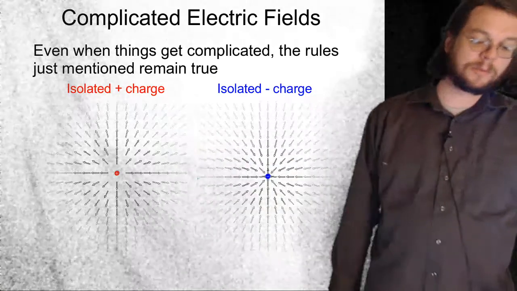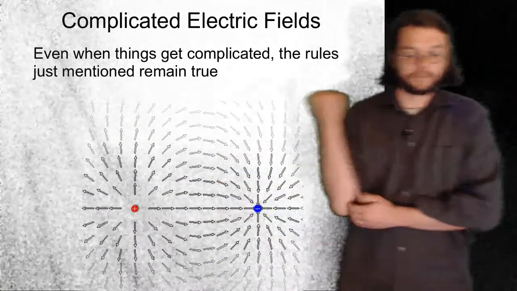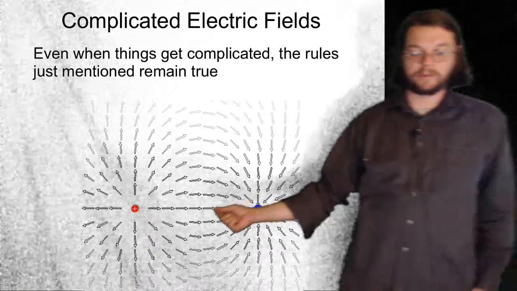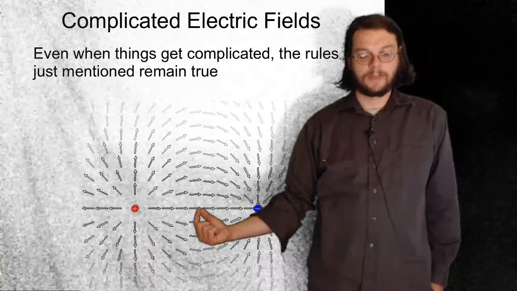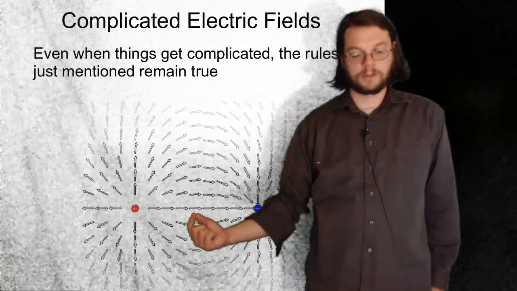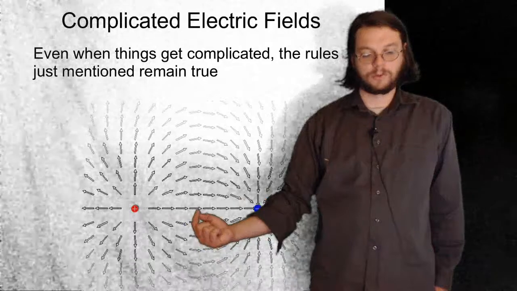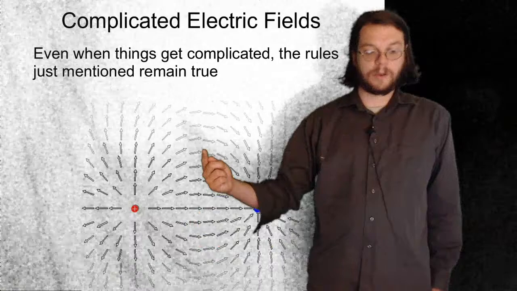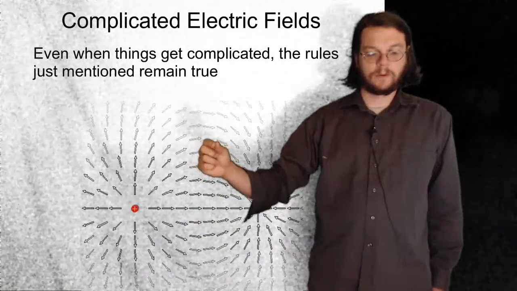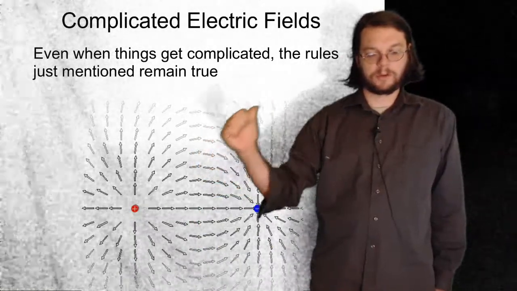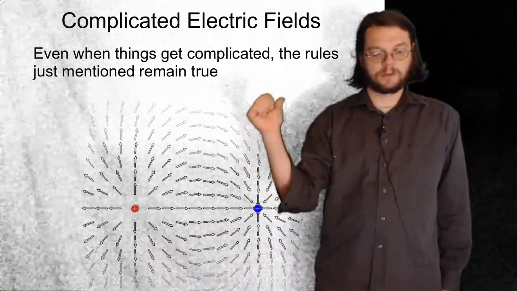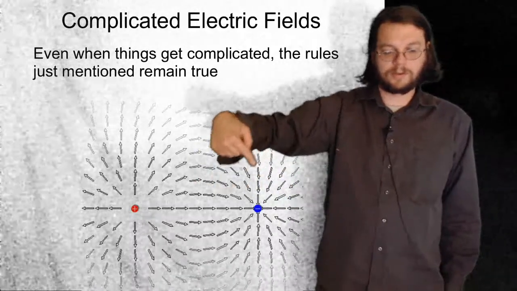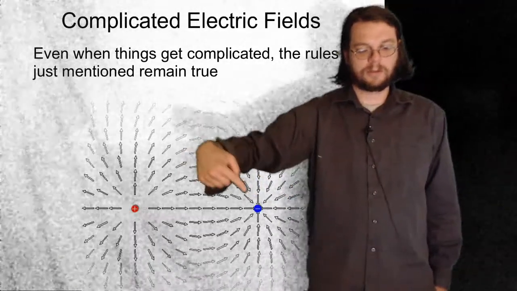So here they're isolated, but if we put them together, you end up with something like this. And this is what the electric fields look like, right? So if you put a positive charge in between the two, it's going to be repelled from this one and attracted to that one. So the force is very clearly this way, towards the negative charge. If I put a positive charge up here, well, it's repelled this way. It's going to be repelled from the positive charge this way, but it's going to be attracted to the negative charge this way.